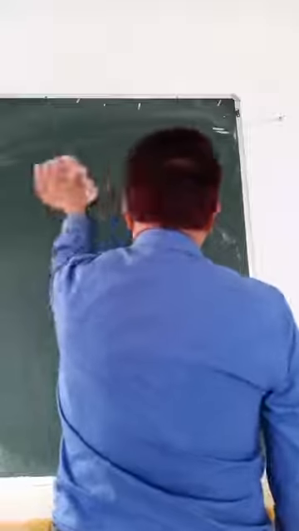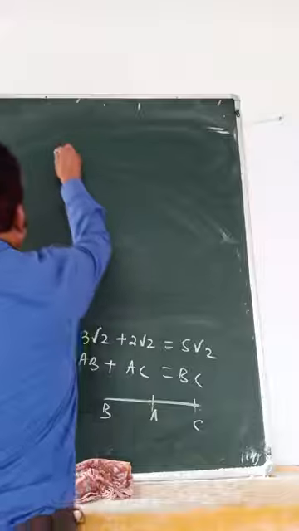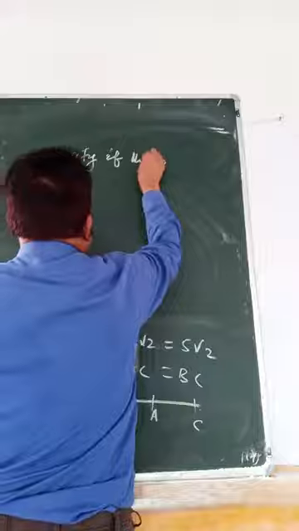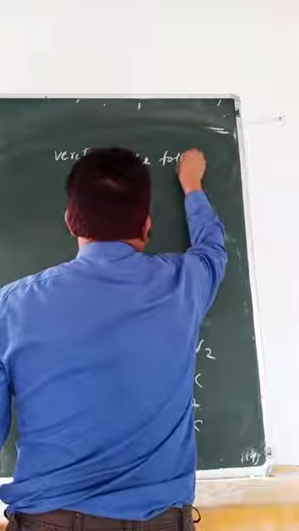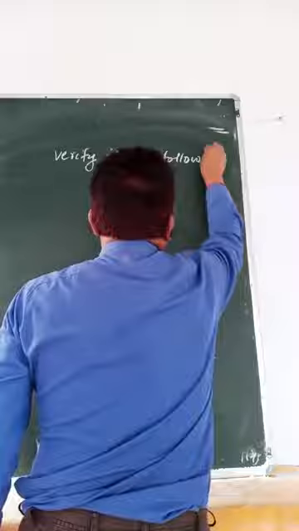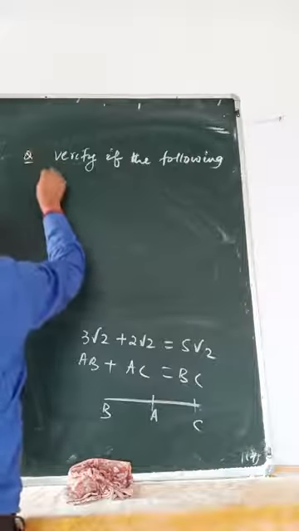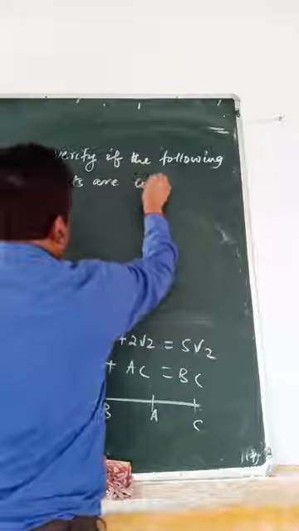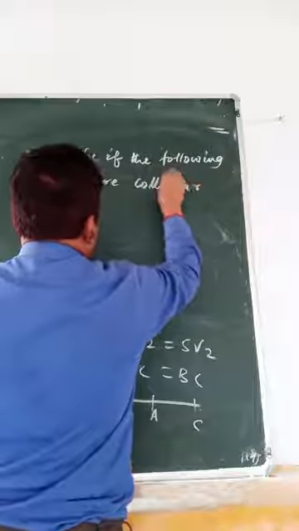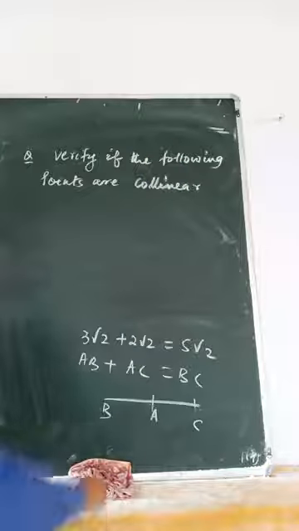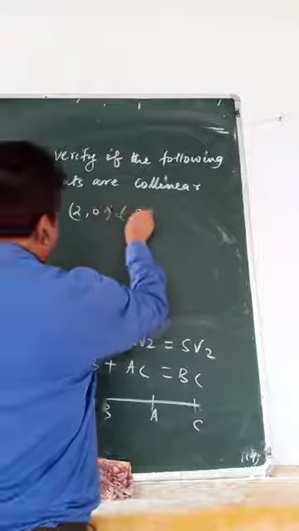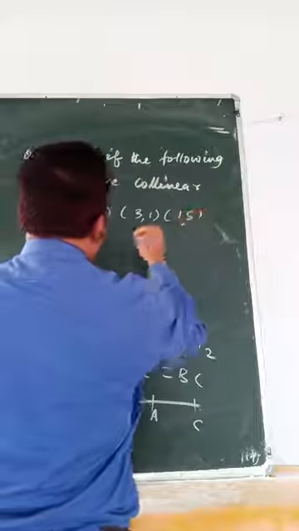Okay. So you try a question. I am giving two questions here. Verify if the following points are collinear: first, 2, 0; 3, 1; 1, 5.